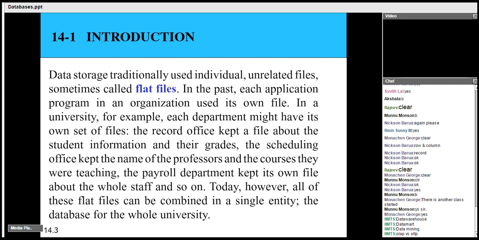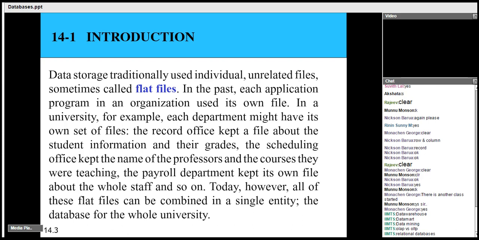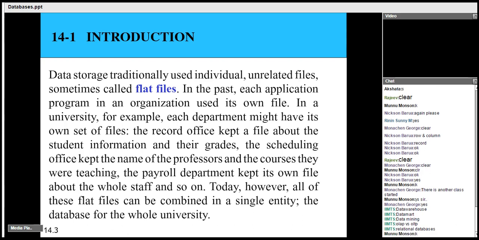Then we have relational databases. I request all of you to just go through these topics at your end once. Data warehouse, data mining, relational databases, OLAP versus OLTP.